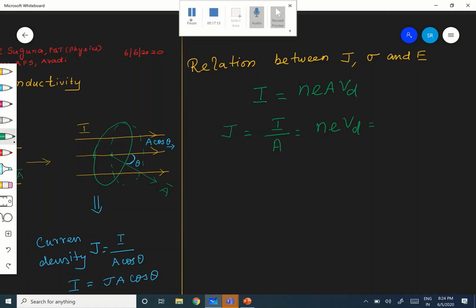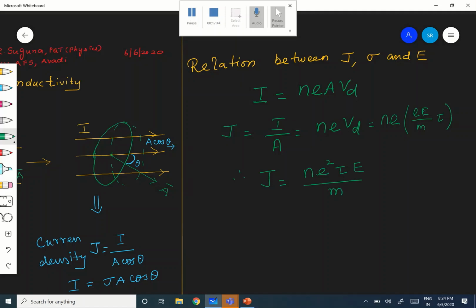How are they related? J is n e times vd, and vd is e E by m times tau; we have already seen this. Are you following? Therefore, J is equal to n e squared tau E by m.